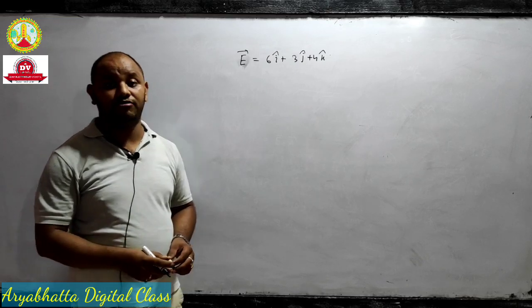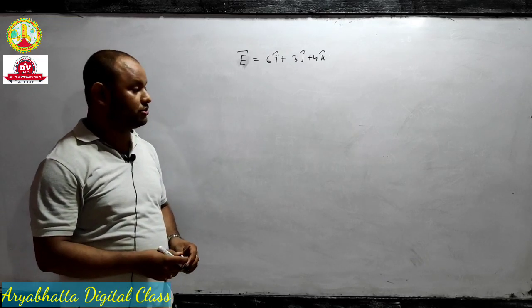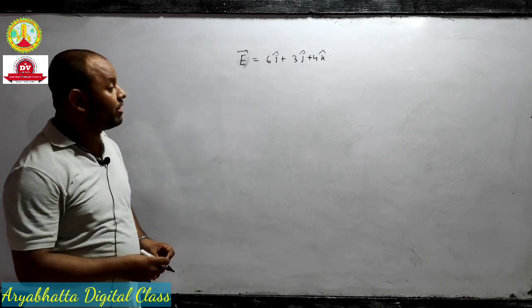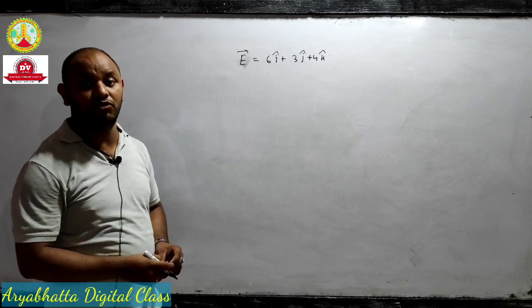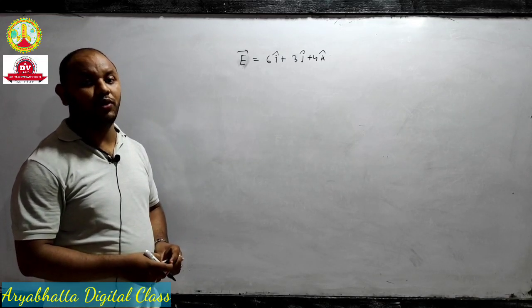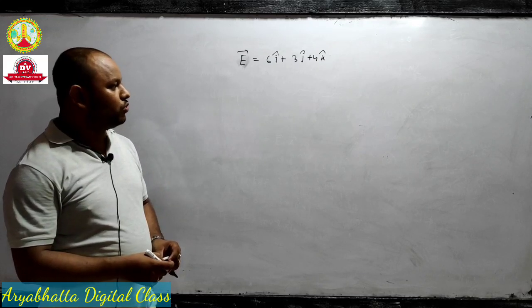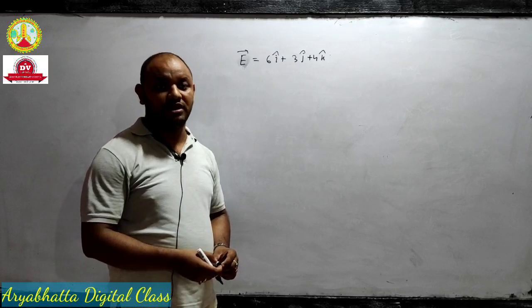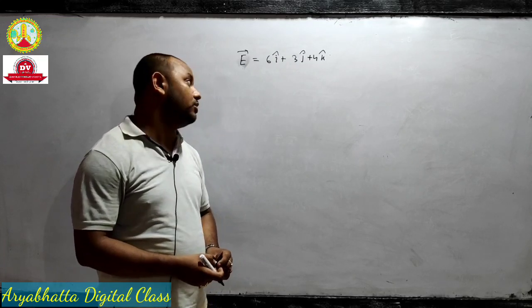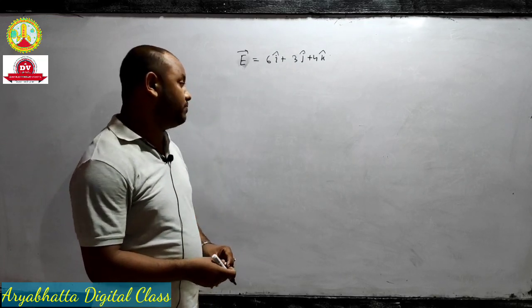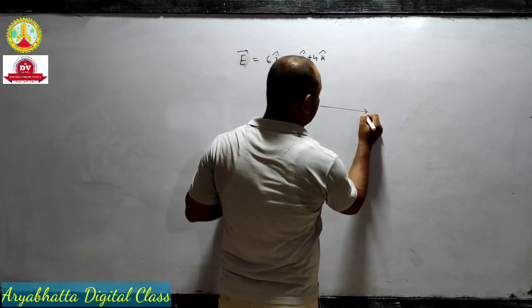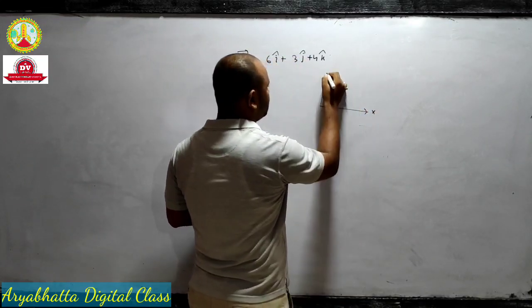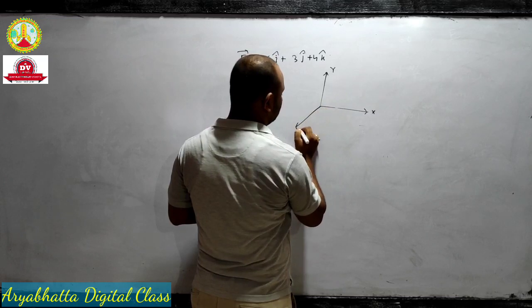What is the flux through a surface of 20 unit which is parallel to YZ plane? We need to calculate the flux through a surface of area 20 unit which is parallel to YZ plane. Suppose this is our x-axis, this is our y-axis, and this is our z-axis.